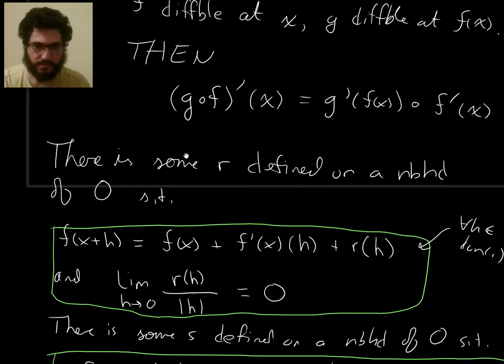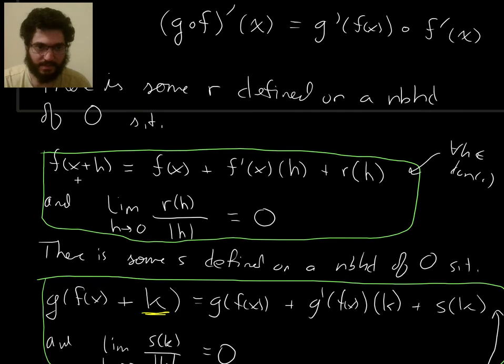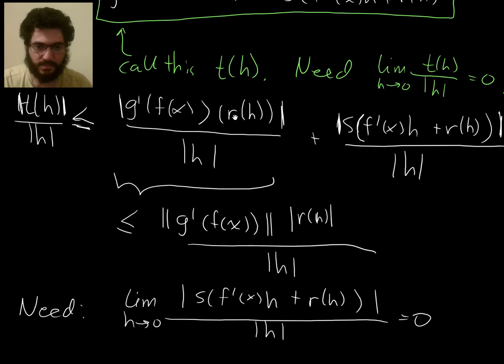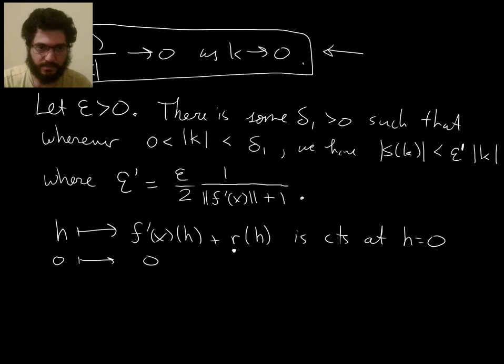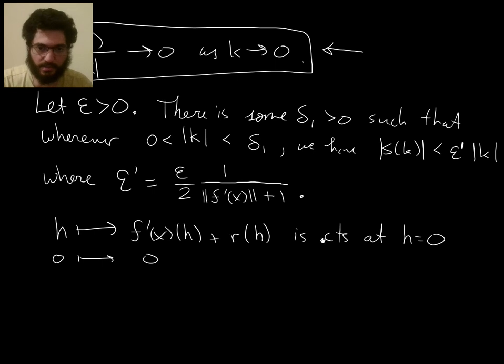And this information together here tells you R is continuous at 0 and takes the value 0 at 0. Okay, so this mapping down here is continuous at 0.